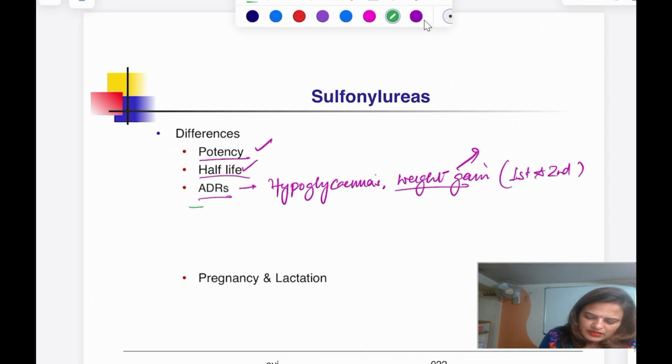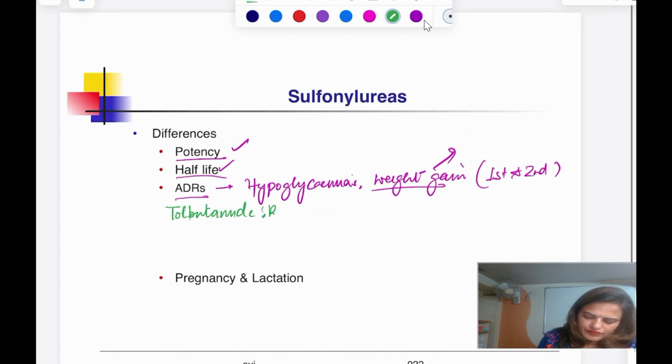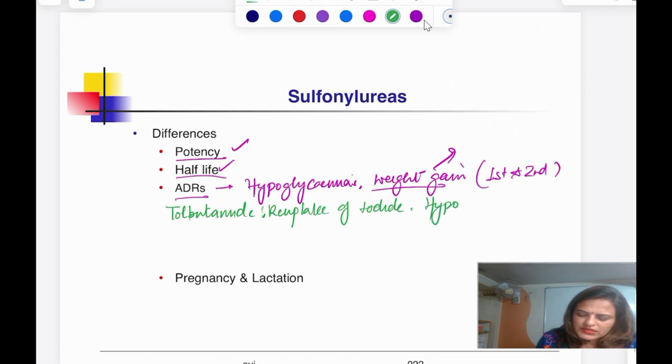Tolbutamide inhibits the reuptake of iodide, so there is a rare chance of hypothyroidism seen with this.